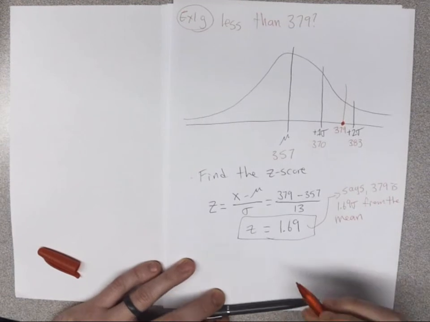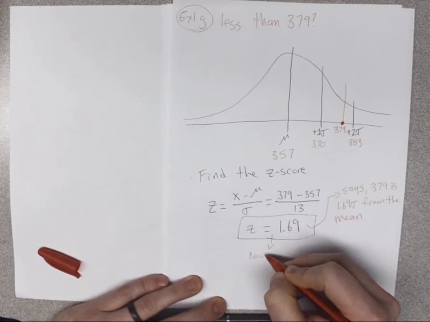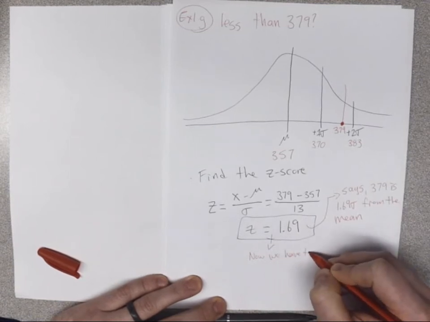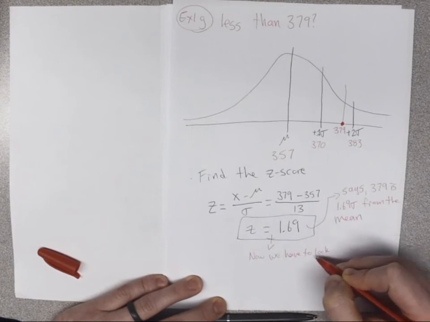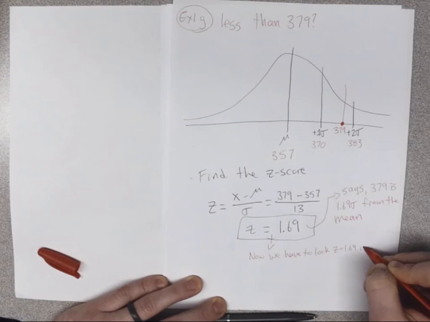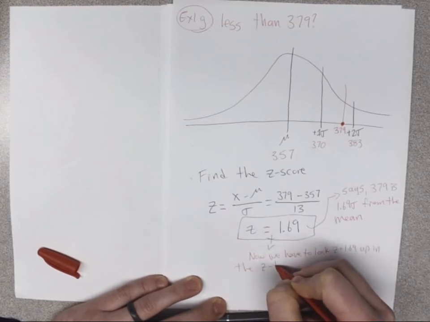That's what that's saying. But now we have to look it up in the table. Now we have to look z equal 1.69 up in the z table.